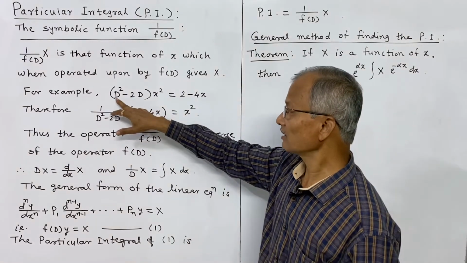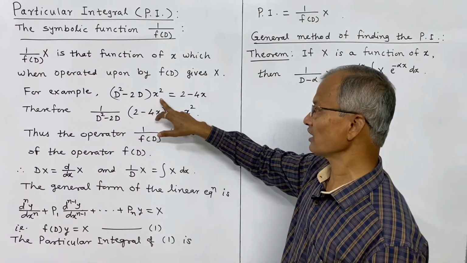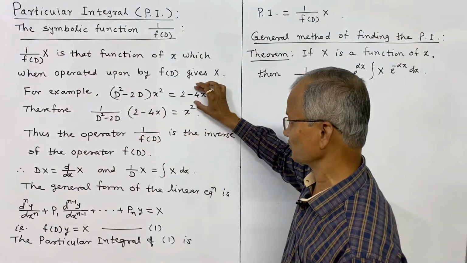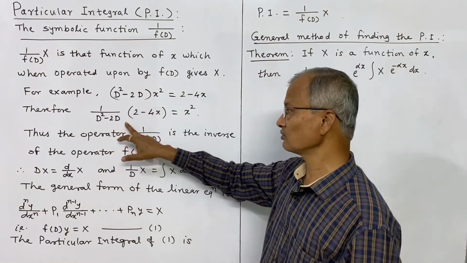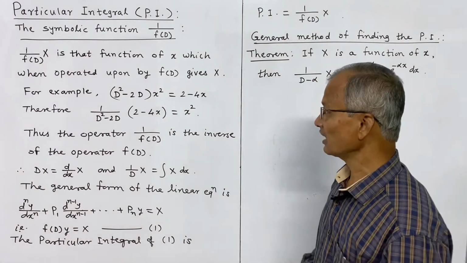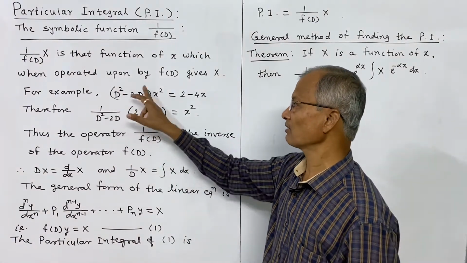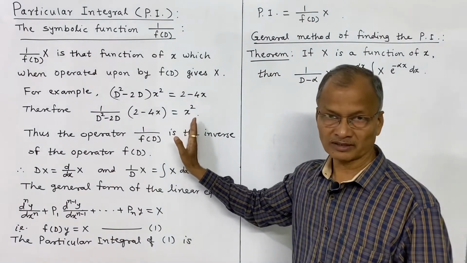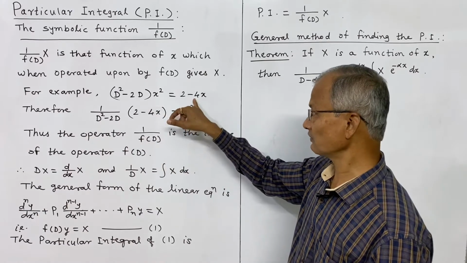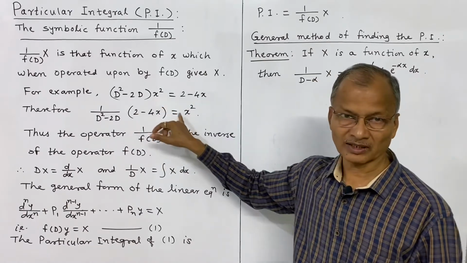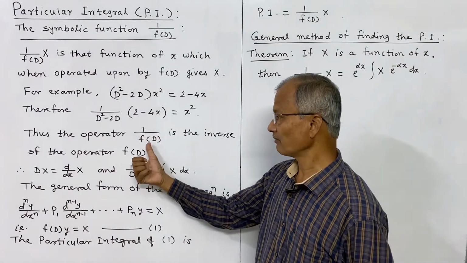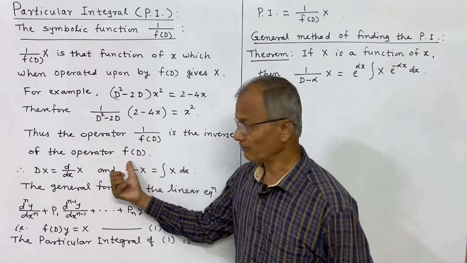Thus D squared minus 2D operated on x squared gives 2 minus 4x, and therefore 1 over D squared minus 2D of 2 minus 4x will be equal to x squared. That means if we shift this operator to this side, it becomes the reciprocal: 1 over D squared minus 2D of this function is equal to the function here, that is x squared. And thus we have written that 1 by f of D is the inverse of f of D.